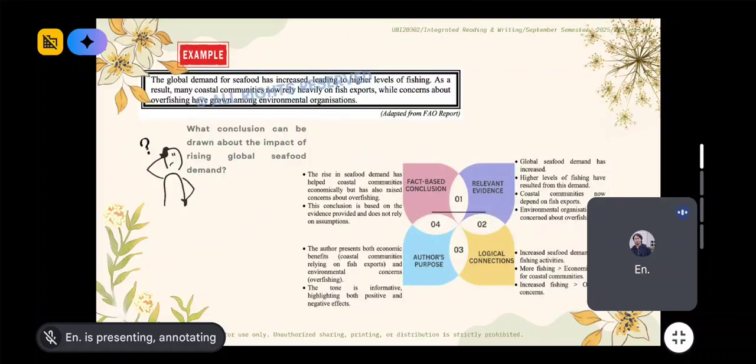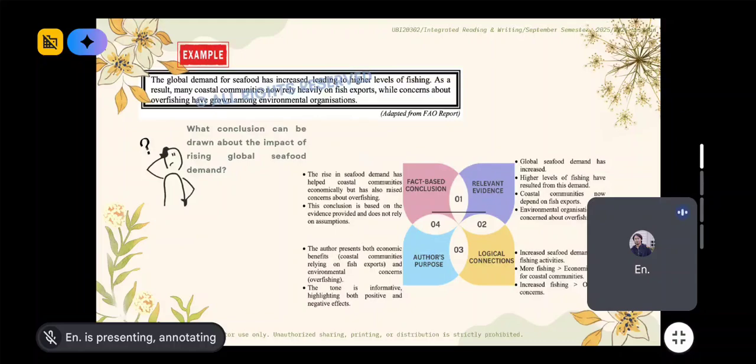Okay, let's look at the details. We have the fact-based conclusion. We have the relevant evidence. The rise in seafood demand has helped coastal communities economically, but has also raised concerns about overfishing.